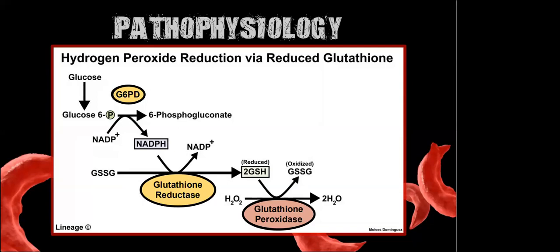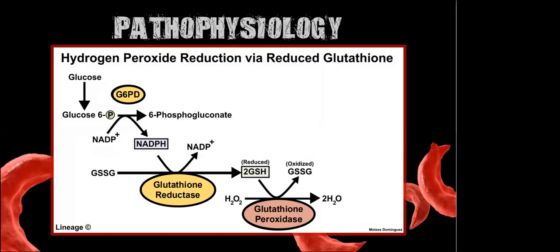This process needs NADPH, which is converted to NADP plus. And in order to reload the supply of NADPH, we need the G6PD enzyme, which is involved in the HMP shunt pathway, the alternative pathway of glycolysis.